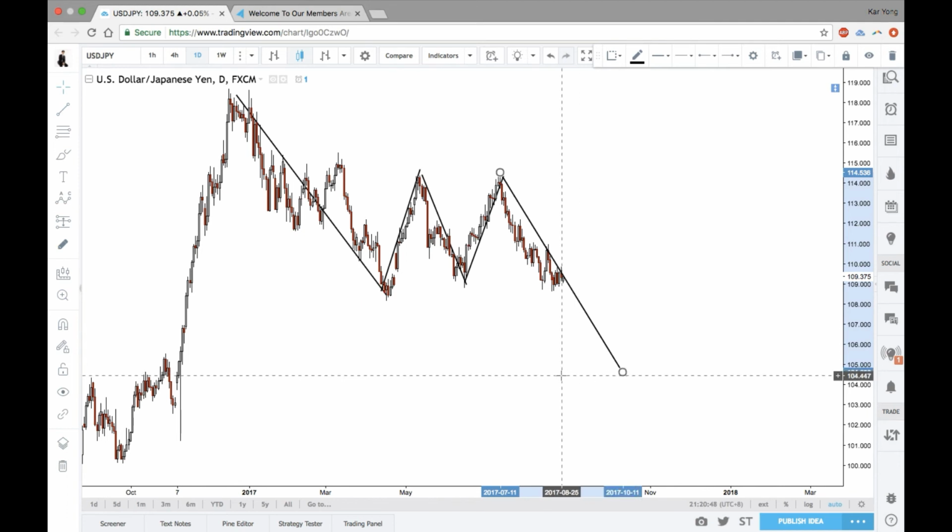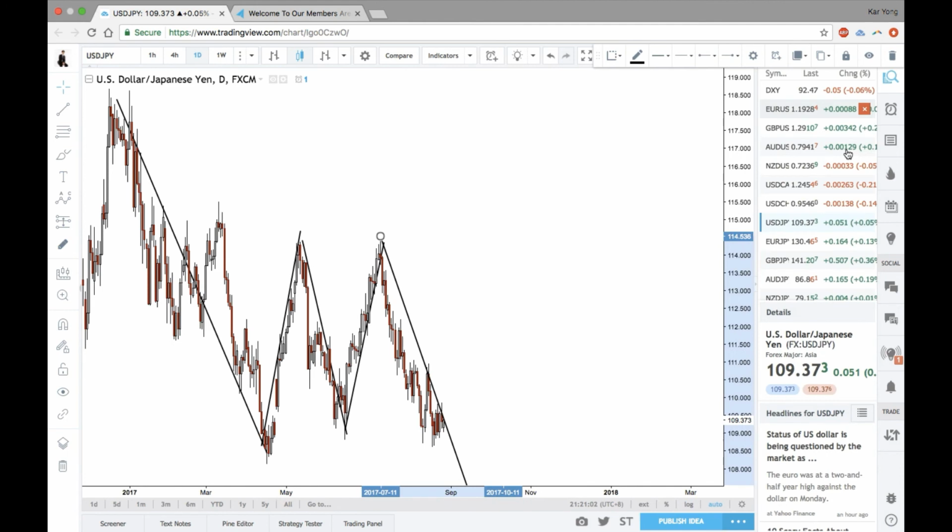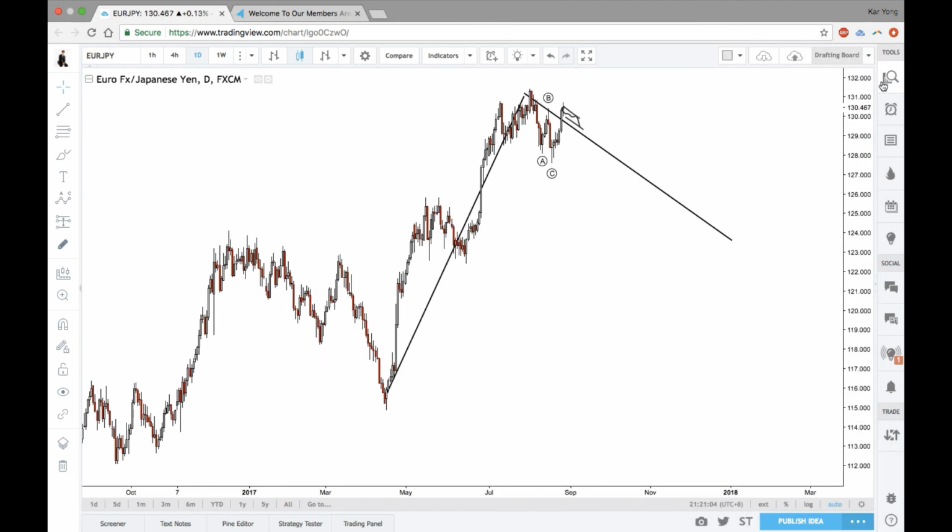If you are expecting dollar yen to drop, your yen pairs usually would have a certain direction following the dollar yen. So if I combine all these things that were covered in correlation, you will now have more understanding of how you want to trade the euro yen.